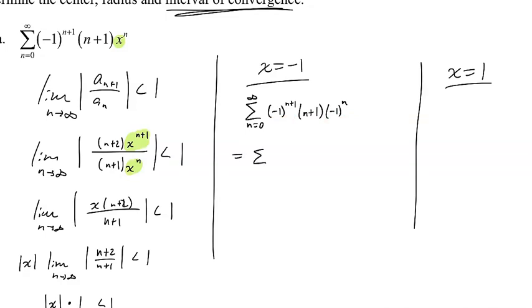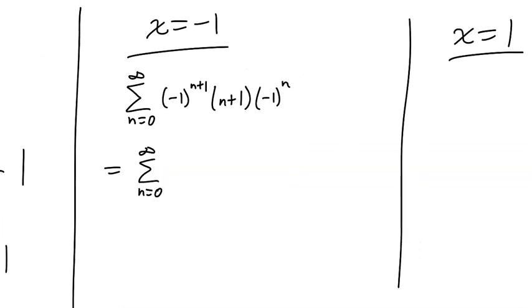So this is equal to the sum from n equals 0 to infinity of (-1)^(2n+1) times (n+1). Let me zoom in a little bit for you guys, sorry.